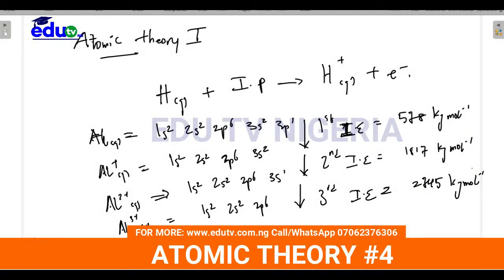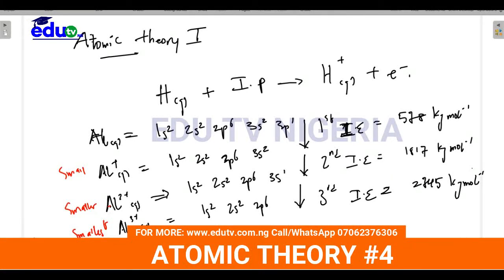So it will be so much more difficult to take one electron from here, which is half filled, because it has become smaller here. This is much smaller than this. So it will be very, very difficult to remove this electron from here.